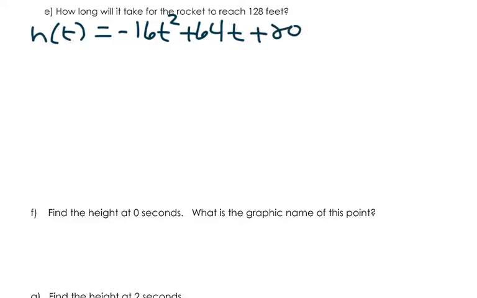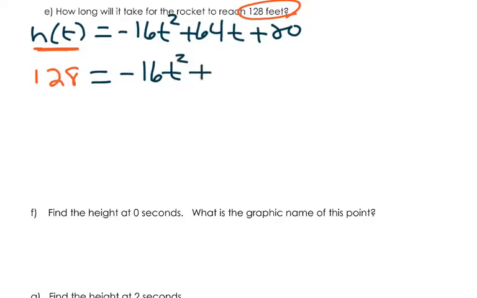If we want to know when it reaches 128 feet, here they're talking about the height. So now I'm going to replace h of t with 128. So 128 equals negative 16t squared plus 64t plus 80, and if they're asking us how long will it take, clearly they're asking us to find t.